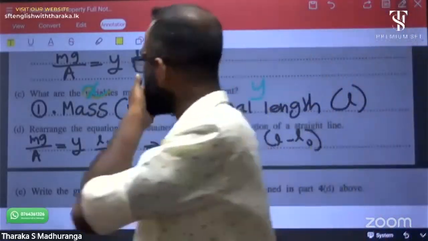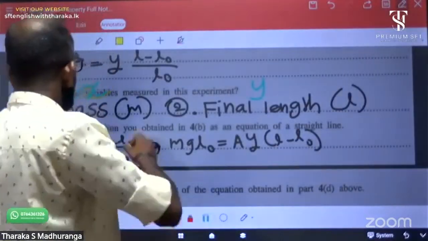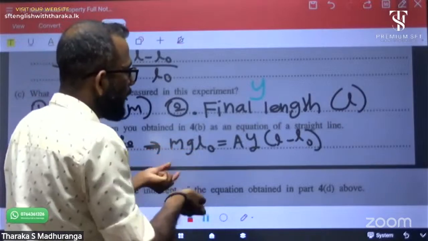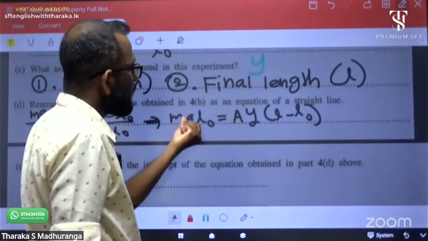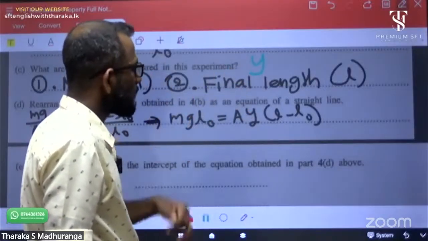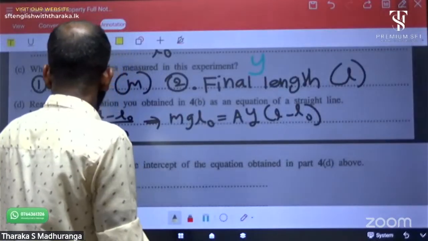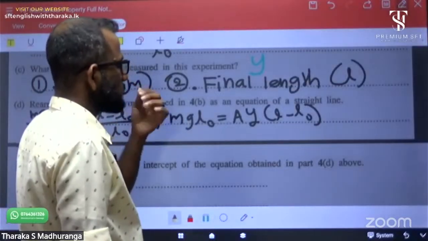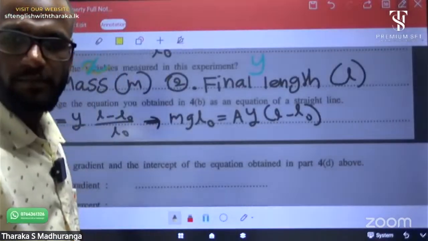Okay, this is the cross multiplied answer. Now mass should be x and final length L should be y. What to do? Any idea?